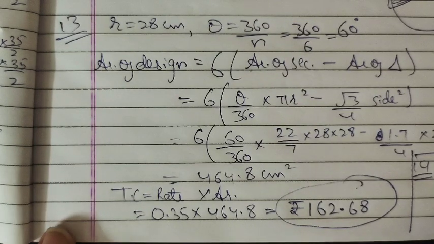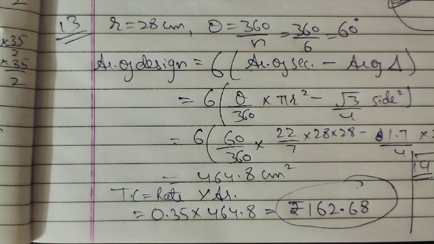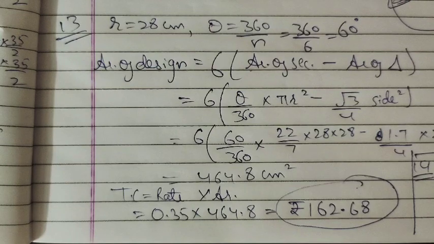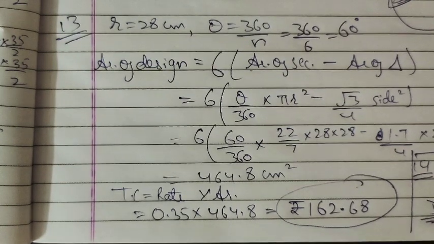So which option? Simplify option by option. First option is P upon 90 multiply pi r. So that's not possible. Second option is also not possible. Third option is also not possible because there is 2 pi r and we want pi r square. Fourth option, if you simplify, will be equal to P upon 360 multiply pi r square. So D option is correct.